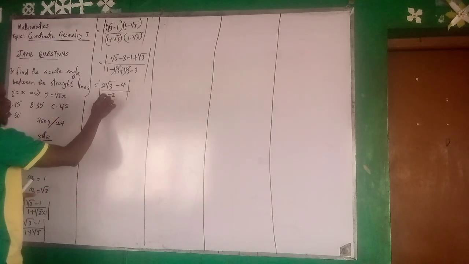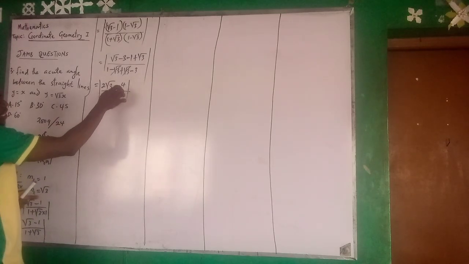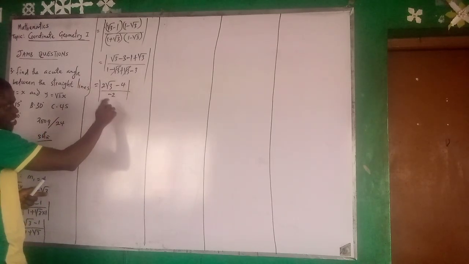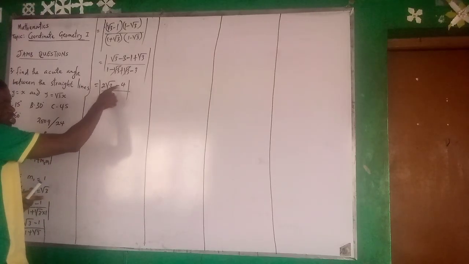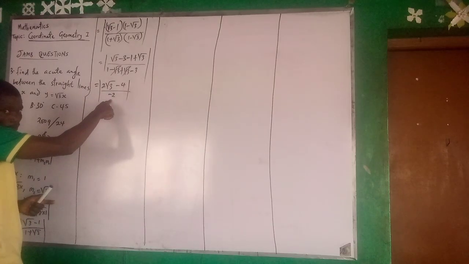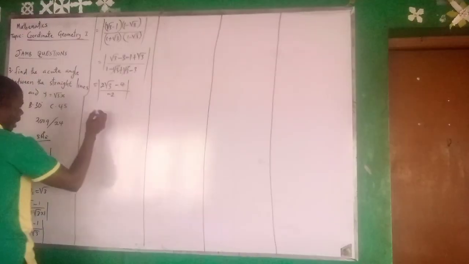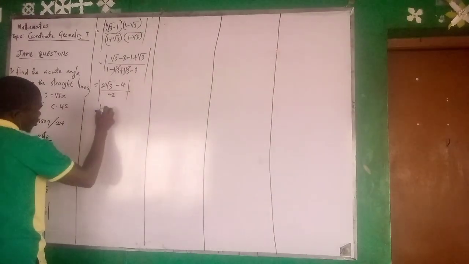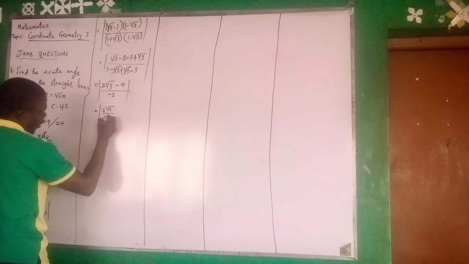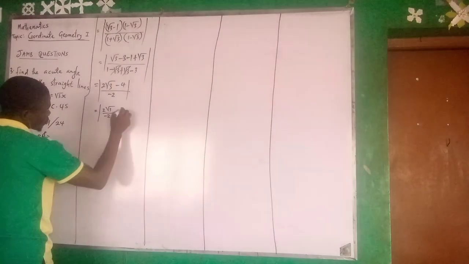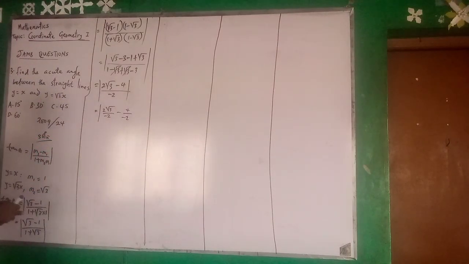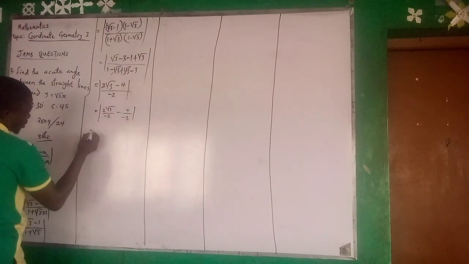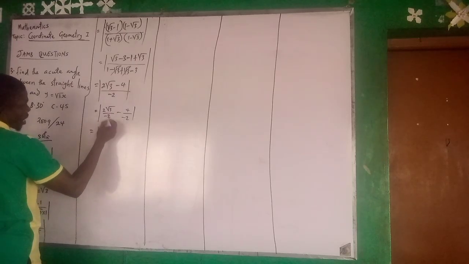Now the numerator has a common denominator, so you can separate it, and that could be written as 2 root 3 over minus 2, minus 4 over minus 2. Alright, and this cancels, right?